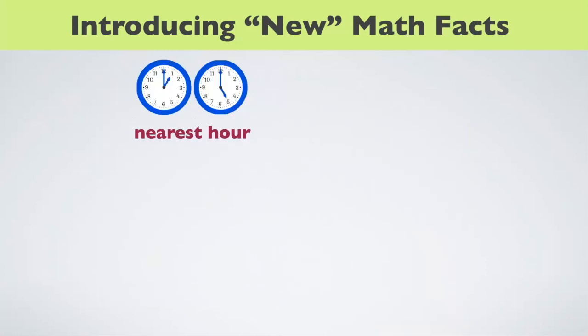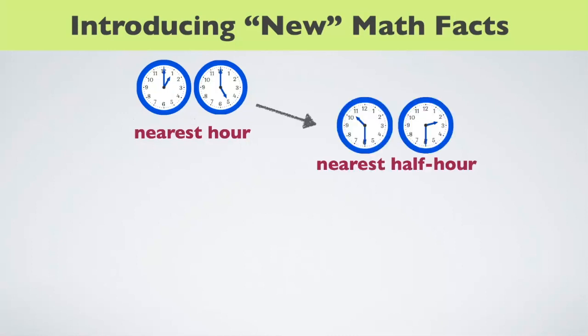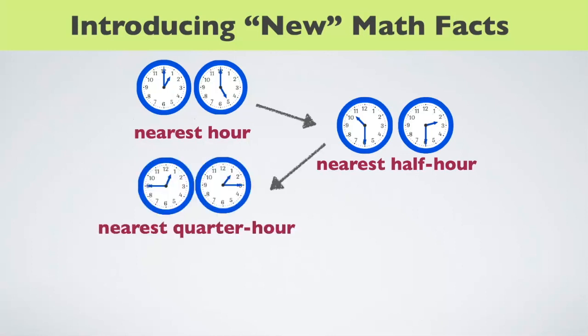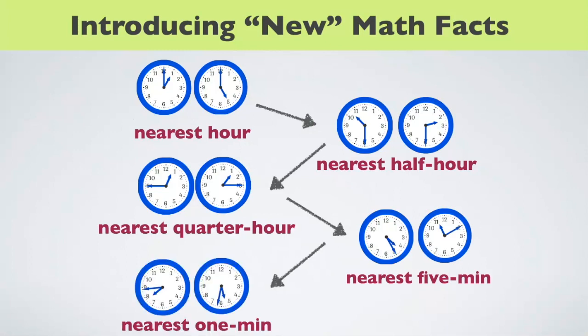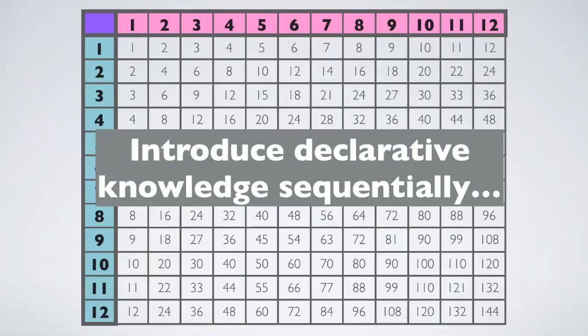For example, if you're practicing fluently reading an analog clock, you'd start by just focusing on telling time to the nearest hour. Then you'd introduce time to the nearest half hour, then to the quarter hour, then to the nearest 5 minutes, and eventually to single minutes. Likewise, you wouldn't practice all multiplication facts at once.